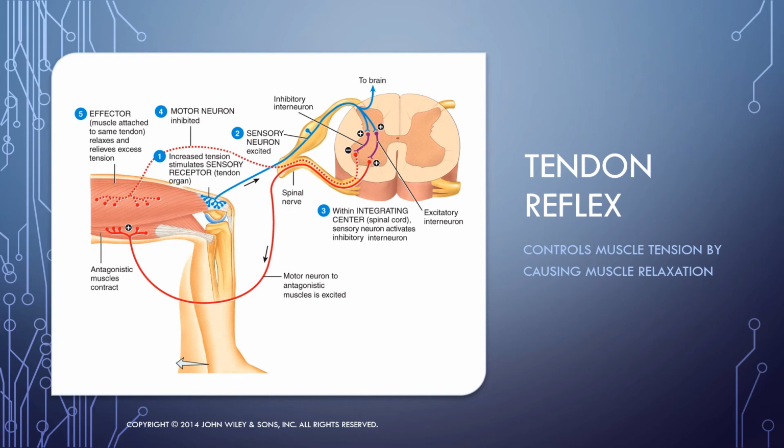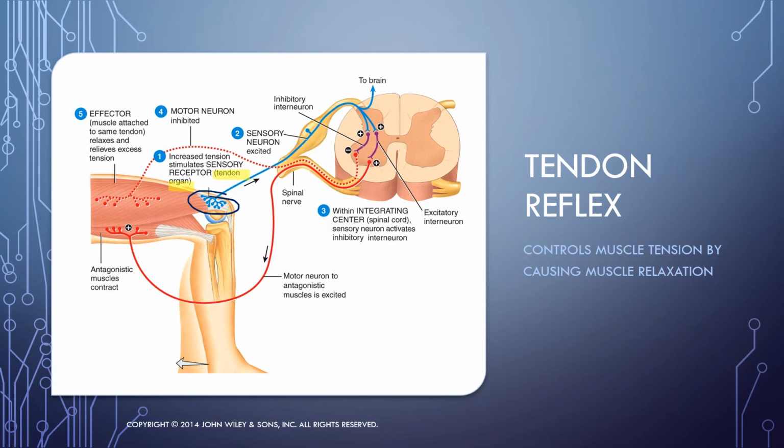Now, just like the stretch reflex, the tendon reflex is going to be ipsilateral, and the sensory receptors that are going to be here in the tendon are called Golgi tendon organs, or sometimes just simply called tendon organs.